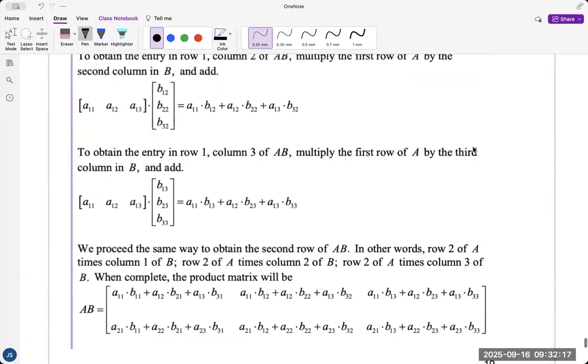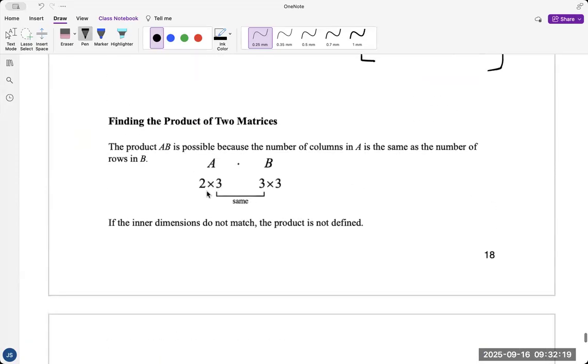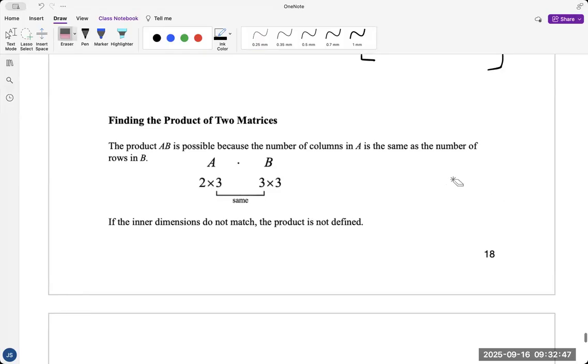Like the ones we saw earlier, a 2 by 3 matrix, we can multiply it by a 3 by 3, but if you switch those, then you couldn't, right? Because it would be 3 by 3 times 2 by 3, and then the inner parts would not match. So that makes sense why it's not commutative.